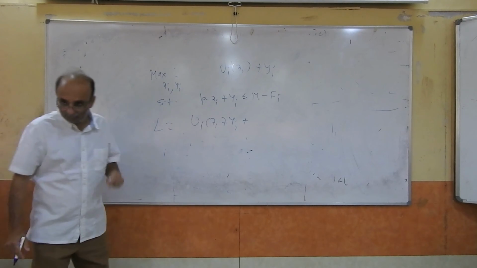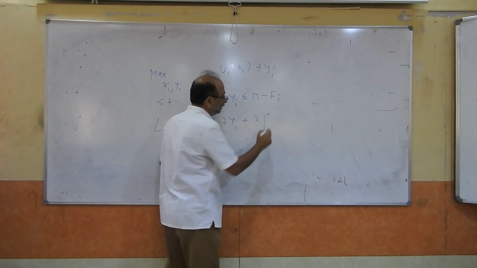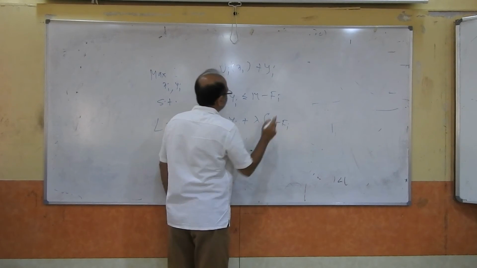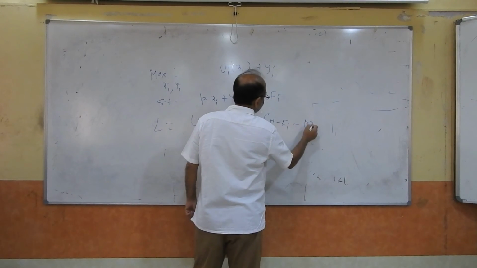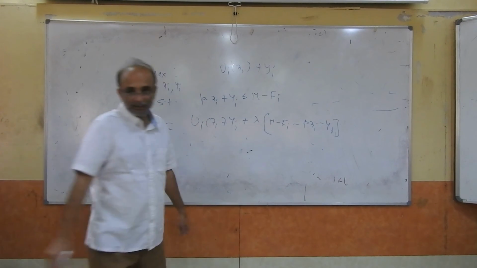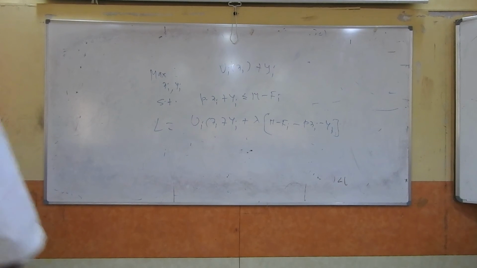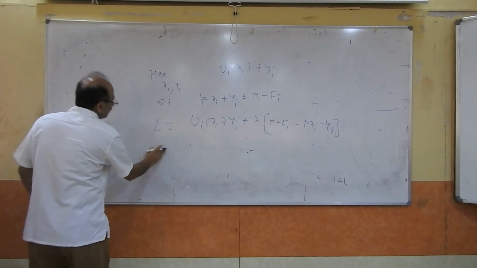Plus lambda into m minus fi, right? Okay. So now differentiate. What do we differentiate with respect to? Xi. So what are the first set of conditions?